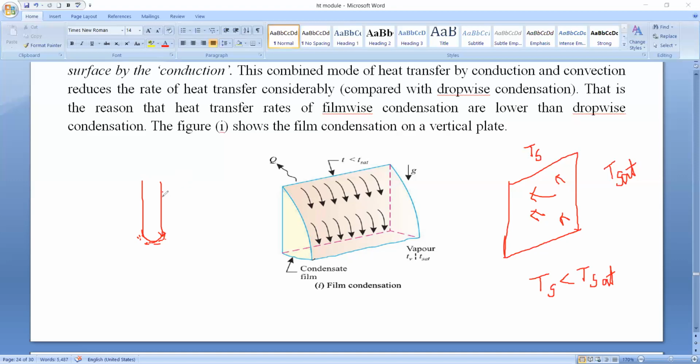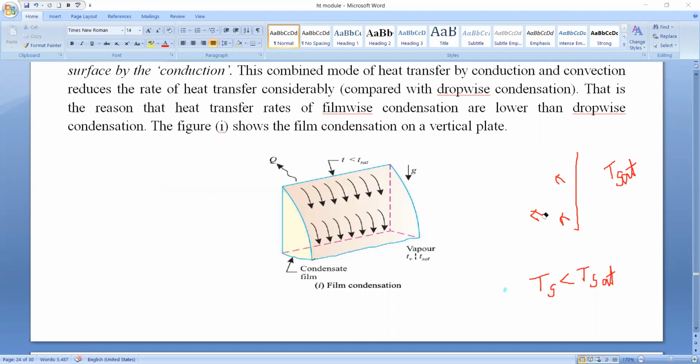The droplets or film of condensate formed over the surface of the bottle gradually increase in thickness, and because of gravity the water flows down. So after a few seconds, you can find the water at the bottom of the bottle. This is the very basic, simple explanation for film-wise condensation.